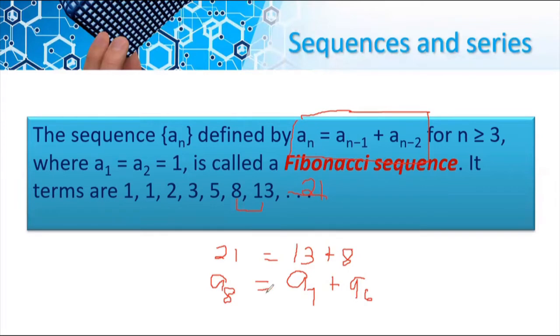And that is equal with a sub 7 plus a sub 6. A sub 7 is 13 and a sub 6 is 8. Okay? So, ito yung kanyang sasabi natin na equation. Fibonacci sequence.